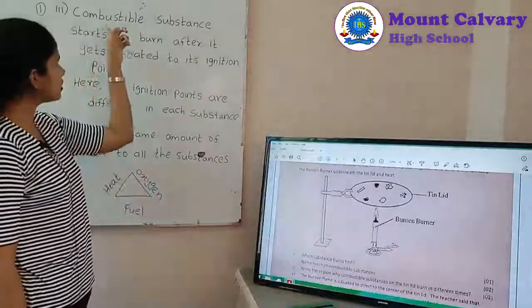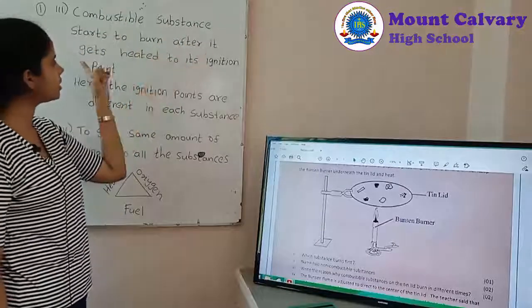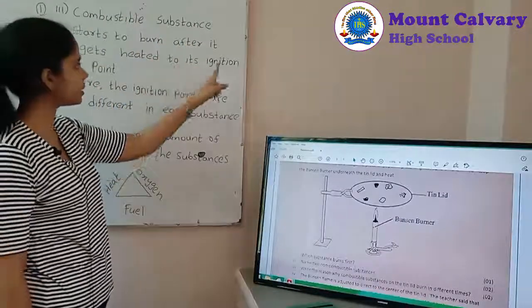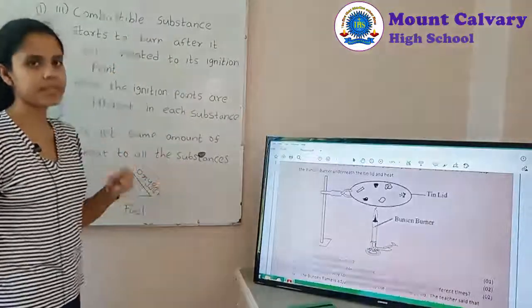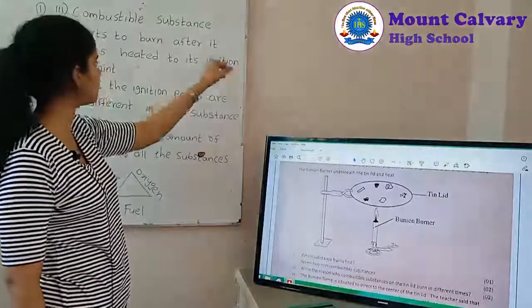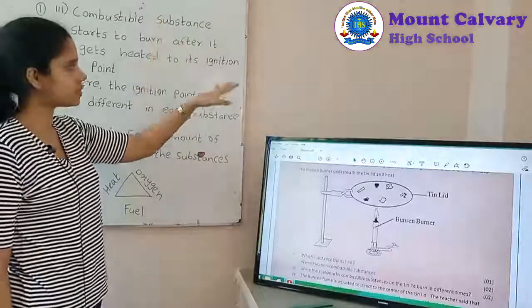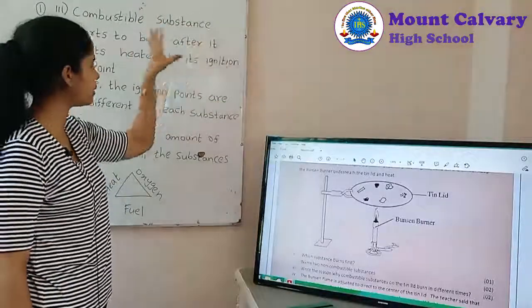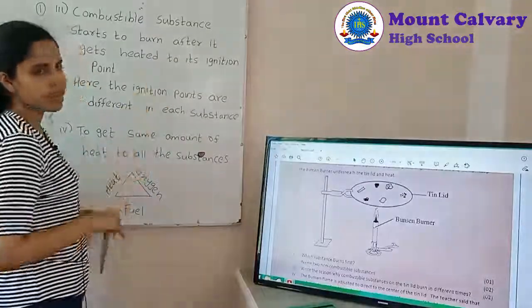Here I have written down: the combustible substance starts to burn after it gets heated to its ignition point. Any combustible substance has an ignition point. If that substance does not reach its ignition point, even if we heat it, it won't start to burn.